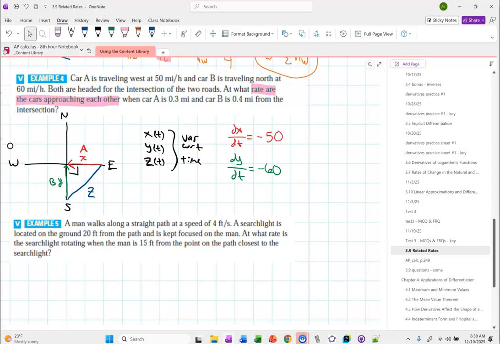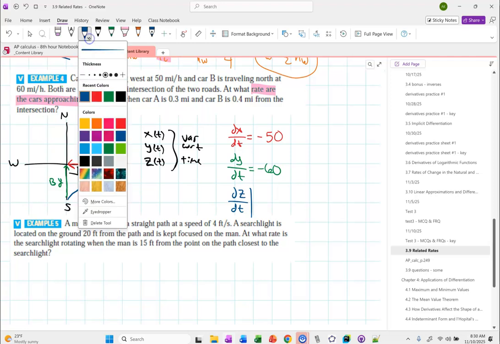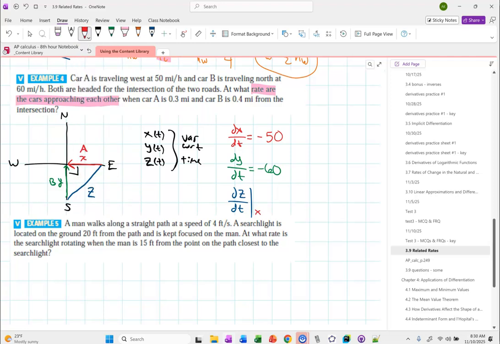It's going to be dz/dt because it's what rate. Remember, z is the distance between the two cars. And we're not interested in just dz/dt in general, but specifically when x is 0.3 and y is 0.4.